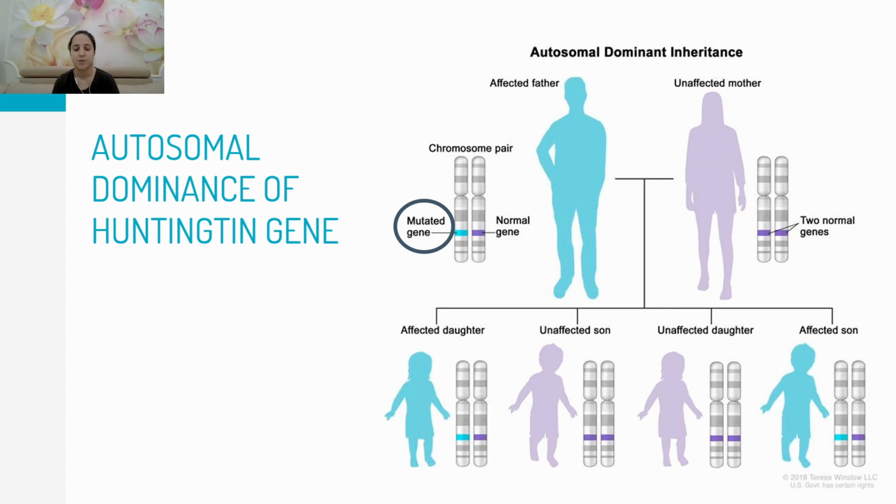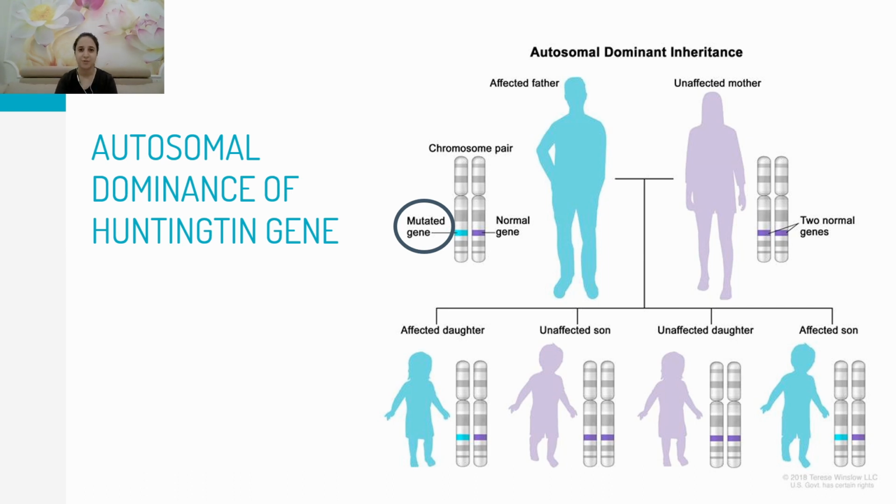Every child inherits one chromosome from the father and one chromosome from the mother. So it's just a random process that the child might inherit the mutated gene or the normal gene from the father. And as there is no mutated gene on the mother's side, there are just two normal genes from her. The child will be inheriting any one of those genes, and that doesn't make a difference.